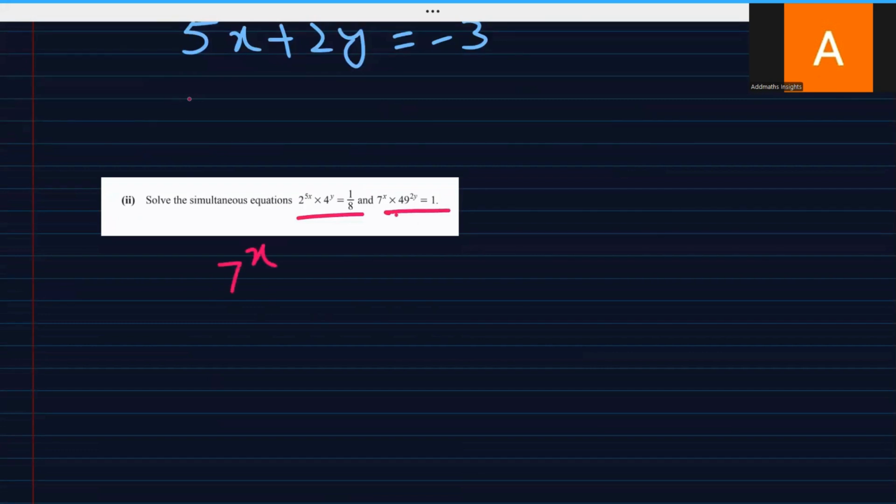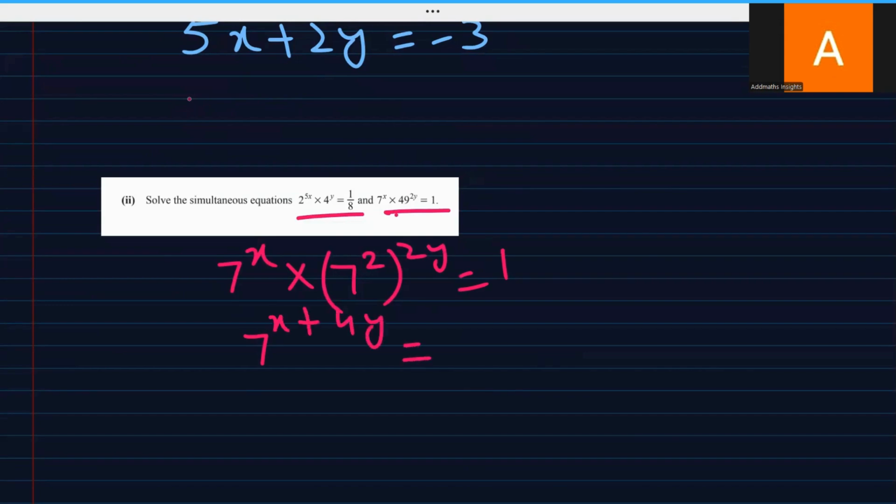Again, use the same technique: we make the bases same. So this is 7 raised to the power x plus 4y equals 7 raised to the power 0. So you make another equation, which is x plus 4y is 0. Now we have two equations, 1 and 2.